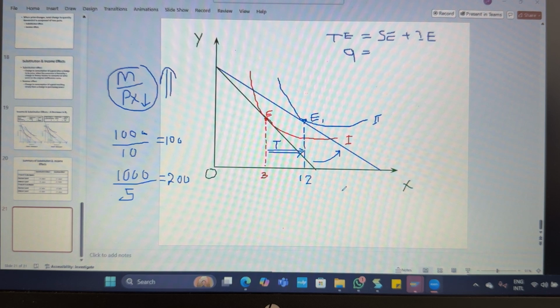Okay. Right. Now, I'm going to do something strange for you. I don't want to allow you to enjoy this higher real income. Earlier your real income was 100, now it's increased to 200. I don't want to allow you to enjoy this.